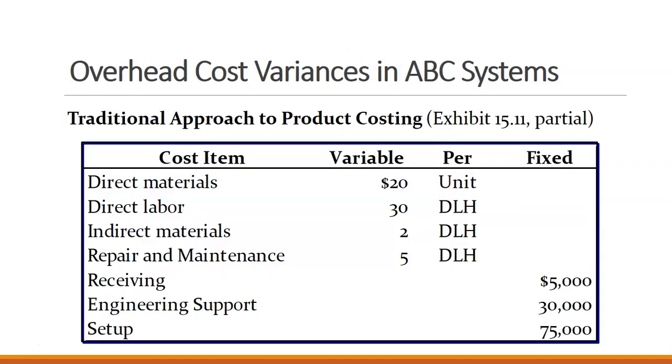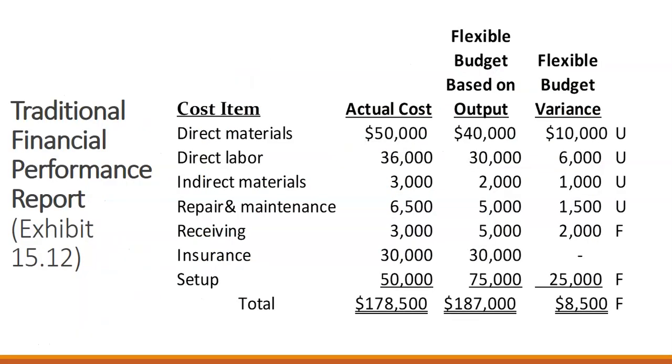We can also do overhead cost variances in activity-based costing systems. When we look at activity-based costing systems, we have multiple rates based on our activities. So in this example, instead of just having fixed overhead and variable overhead, we have our activity rates based analysis.